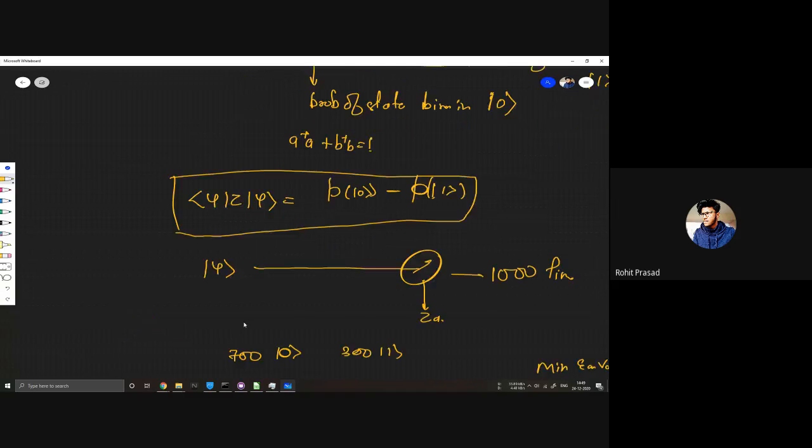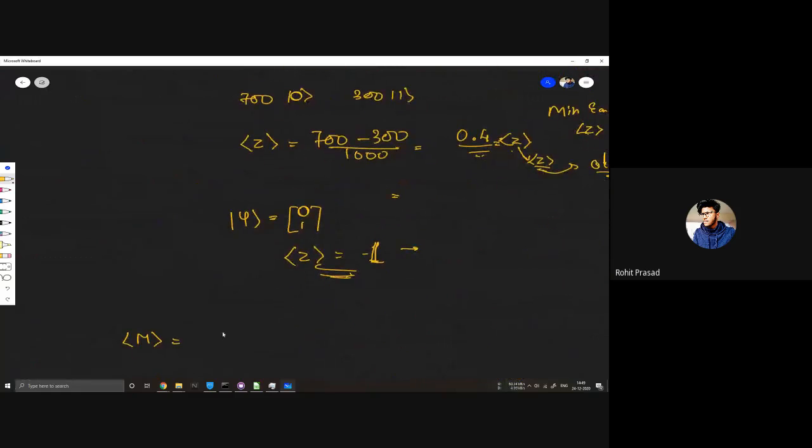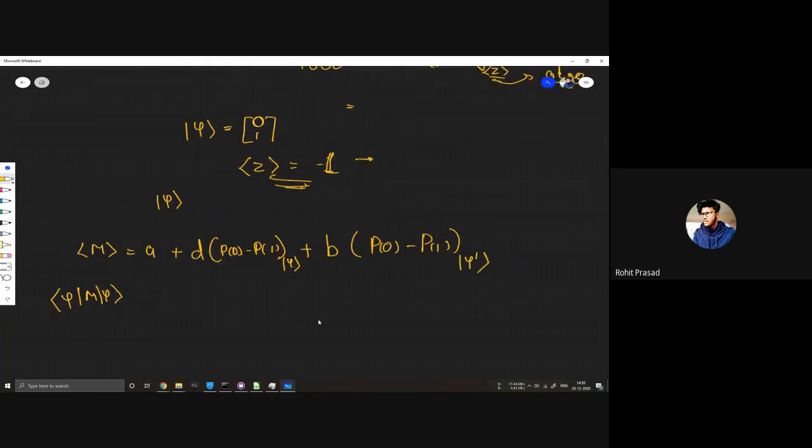We know that this will be equal to 1, so we can just write a into 1, plus, taking d first, d times probability of 0 minus probability of 1 of the specific state psi, then plus d times probability of 0 minus probability of 1 of state psi dash, plus c times probability of 0 minus probability of 1 of state psi double dash, right?